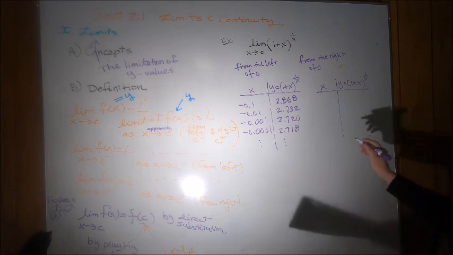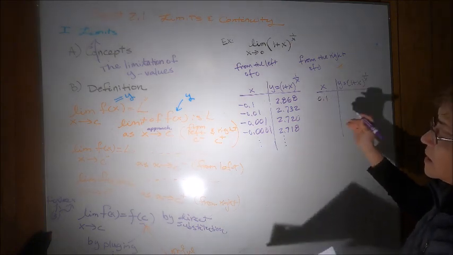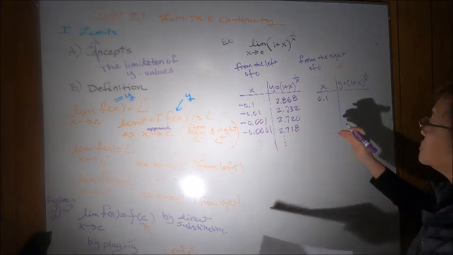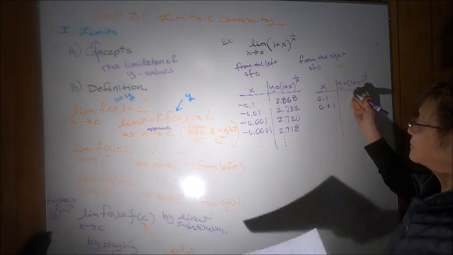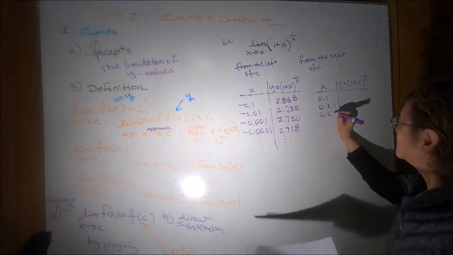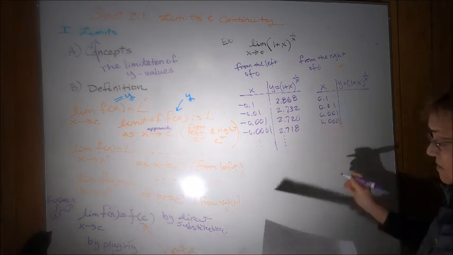Okay, so for this side, the number is getting closer to 0 from the right hand side, approaching 0. So it's like 0.1, 0.001, right? Getting closer and closer.